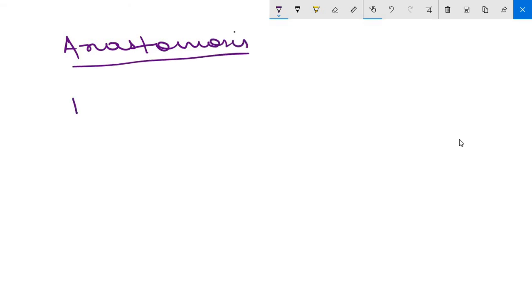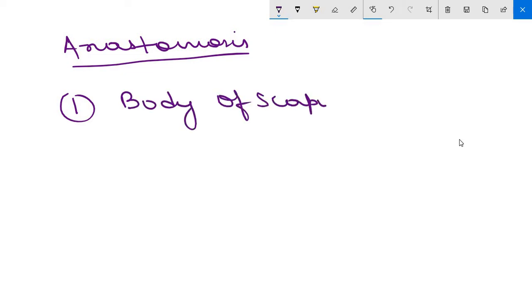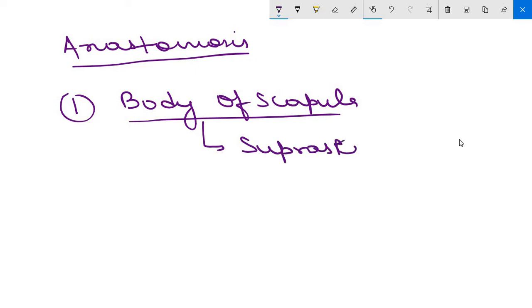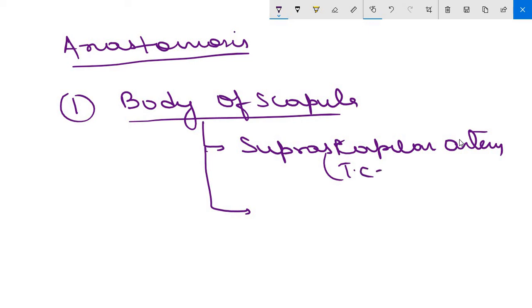And the last important portion about the scapula is the anastomosis of the scapula. First, the anastomosis around the body of the scapula. It is formed by three arteries. The first one is your suprascapular artery, which is a branch of the thyrocervical trunk.